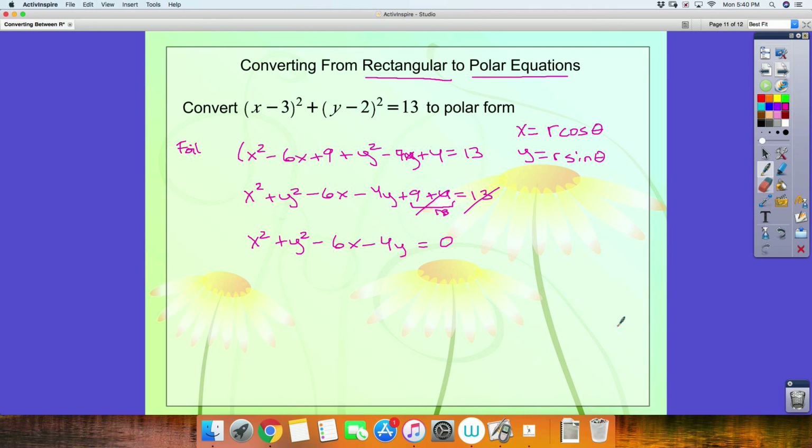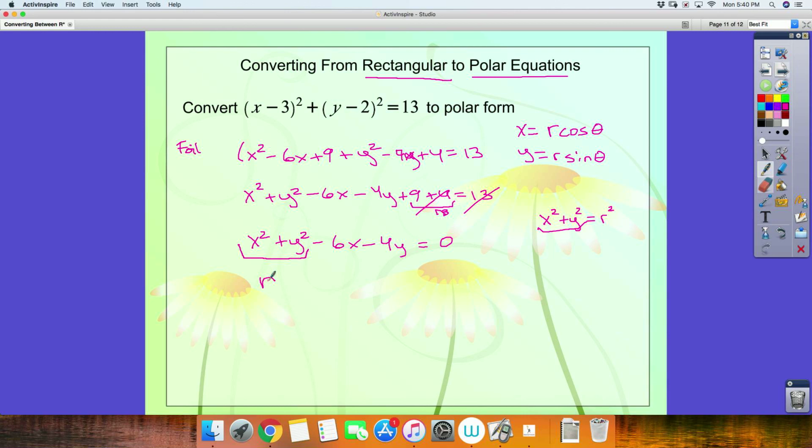Now, this still looks a little daunting, but I see our first identity in sight. Since our goal is to get r's and thetas, I see right here that I have an x squared plus y squared. That is our rule for converting our x and our y into our radius. So as soon as I see that x squared plus y squared, I can go ahead and substitute r squared.